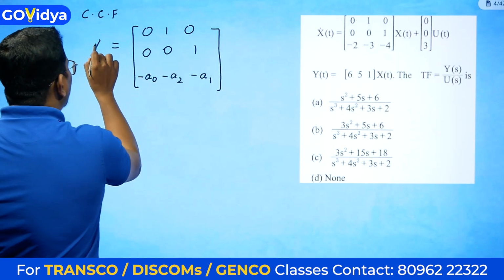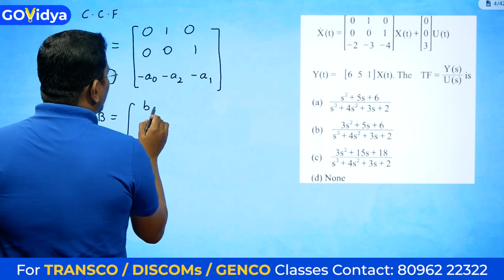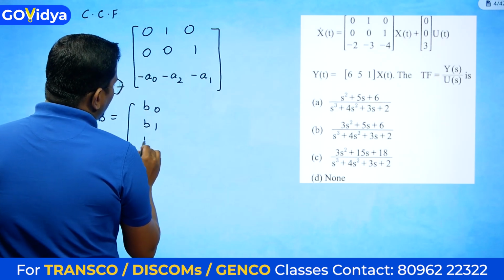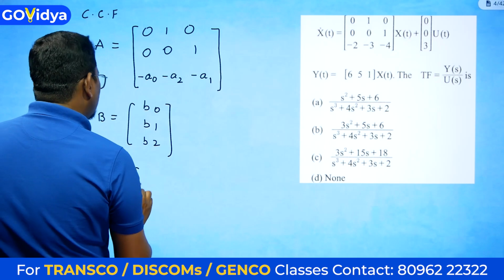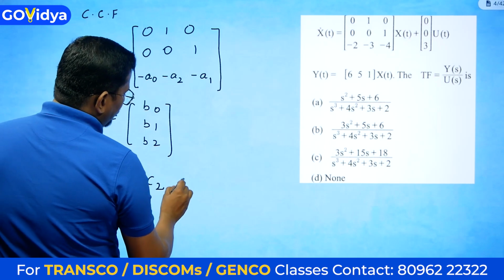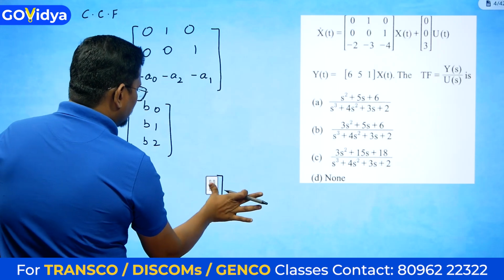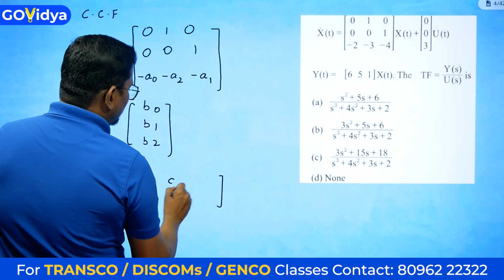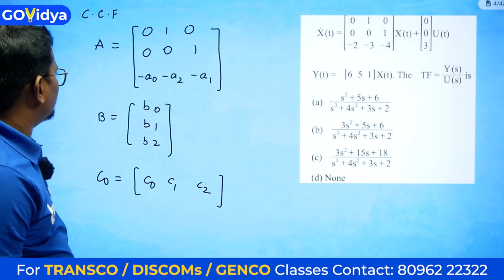This is the A matrix, and the B matrix is B0, B1, B2, and C is C0, C1 and C2.